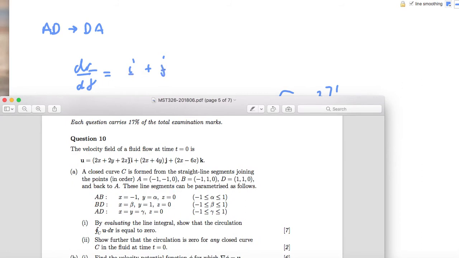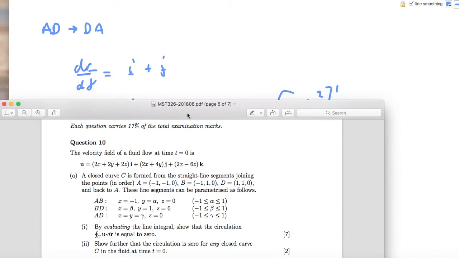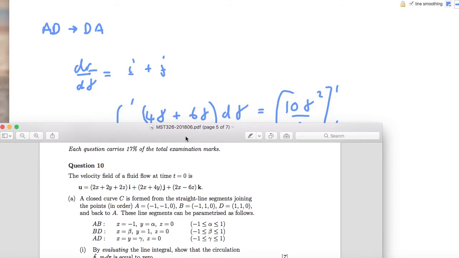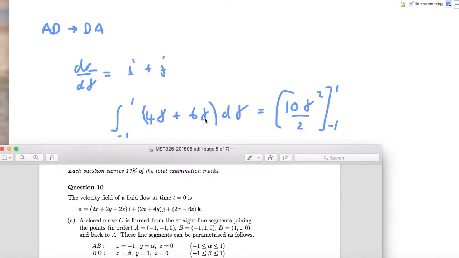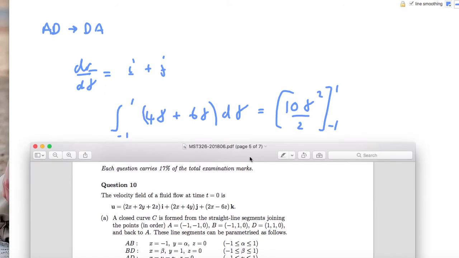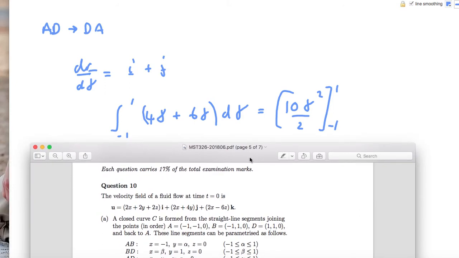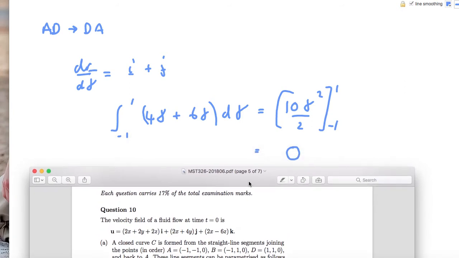So we're going to dot with i plus j, so we're going to have this term and this term. Since it's all basically gamma, that's 2 gamma plus 2 gamma is 4 gamma, plus 2 gamma plus 4 gamma is 6 gamma. So it's 4 gamma plus 6 gamma, which is 10 gamma, which we then integrate with respect to gamma between the same limits, -1 to 1. Integrate that, 10 gamma squared over 2, which is just 5 gamma squared. 1 taken away 1 is 0, so it's going to give 0.